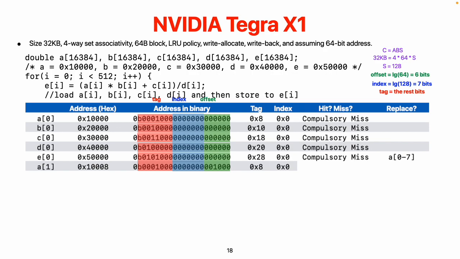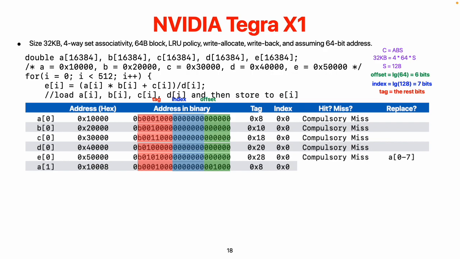So the whole cache still has kilobytes of space, so there is capacity. But because of the structure, we map these blocks to the same set, so they are competing for this limited space. Within a set, there are still places the block can go if your cache is not structured this way. So this is actually a conflict miss.